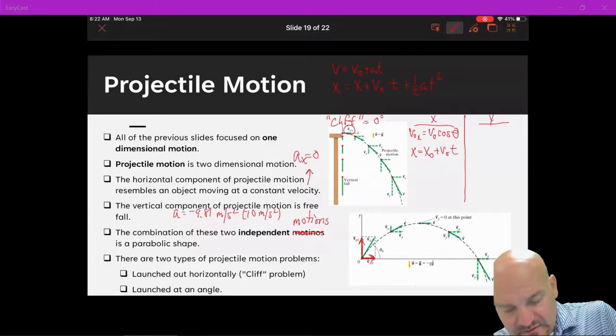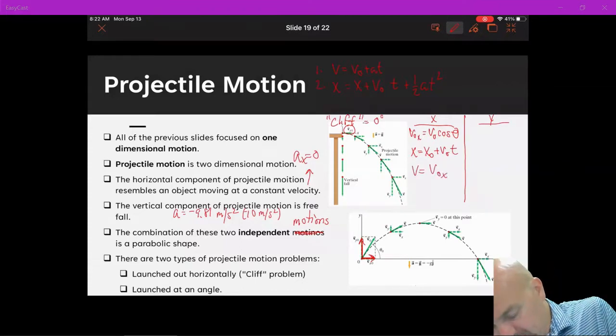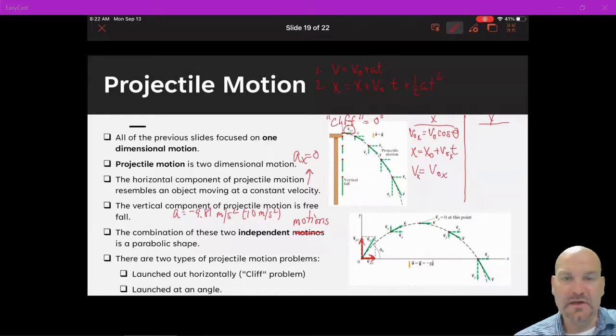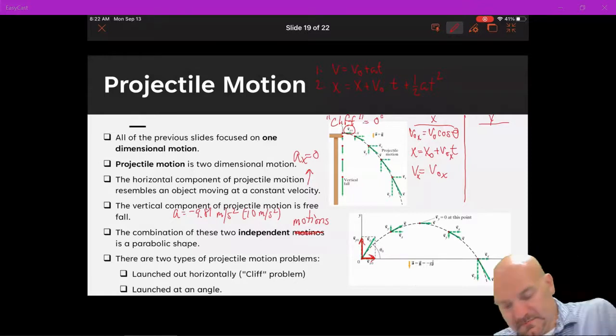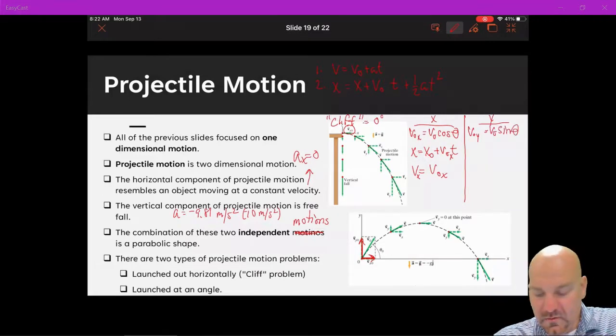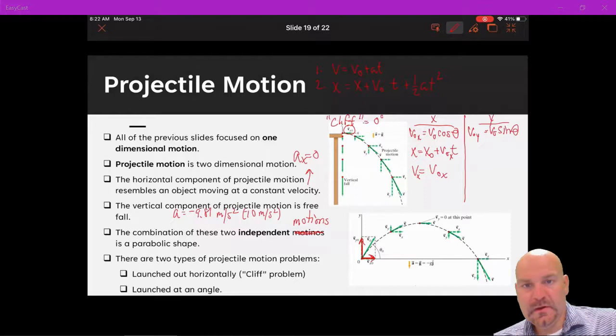And then if I were to cancel out the A in equation 1 here, I would just get VX equals VOX. Right? And make sure you put subscripts at this point in time, because you don't want to confuse your X's and your Y's. Now in the Y direction, if I use cosine in the X, I'm going to use sine in the Y. So VOY equals VO sine theta.